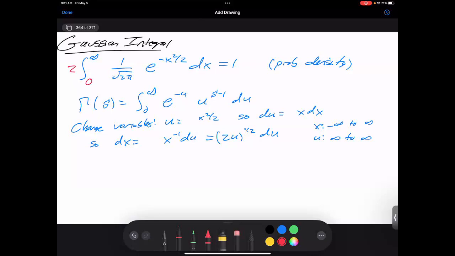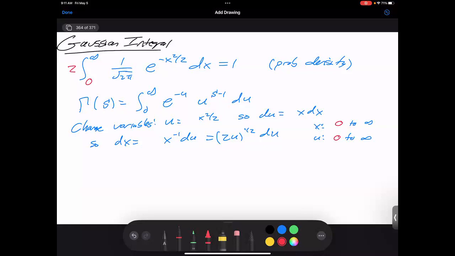If you integrate an odd function, a function where say f of 5 is the negative of f of negative 5, then it's going to cancel. So since my function is even, I can integrate from 0 to infinity and just double. Now, x doesn't go from negative infinity to infinity. X now goes from 0 to infinity, and u now goes from 0 to infinity. So when I do it like that, now everything is going to work nicely.